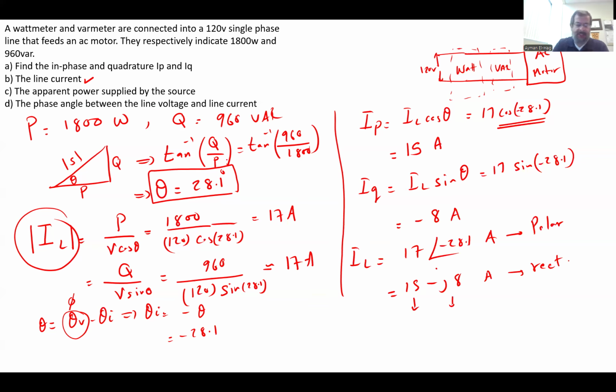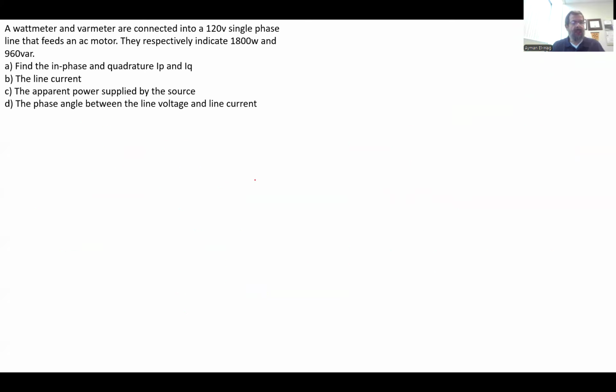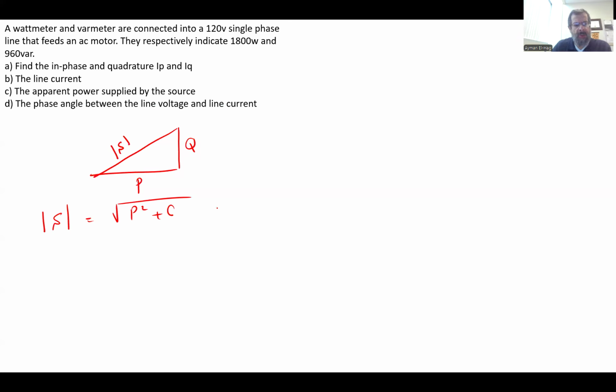Then it says find the apparent power. Again, from the power triangle, we said this is your P, this is Q, and the apparent power is your S. So S, the apparent power, is equal to the square root of P squared plus Q squared, which is the square root of 1800 squared plus 960 squared, and this will give me S equal to 2040 kVA.